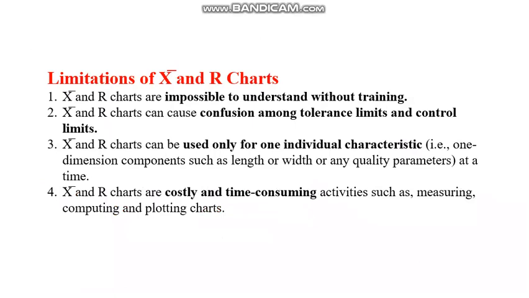Then, Xbar R charts can cause confusion between tolerance limits and control limits. Two things are there. The limits we have seen in the Xbar chart and R chart are the upper control limit and lower control limit; we call them control limits. Another set of limits are called tolerance limits. Tolerance limits means, when we say the diameter of the shaft should be 50 plus or minus 0.02 mm, the tolerance limits are specified by that tolerance.